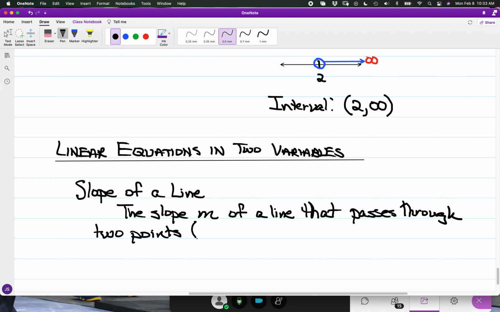We'll just label x01, y01 for the first ordered pair. Now for the second ordered pair, we have x02, y02.